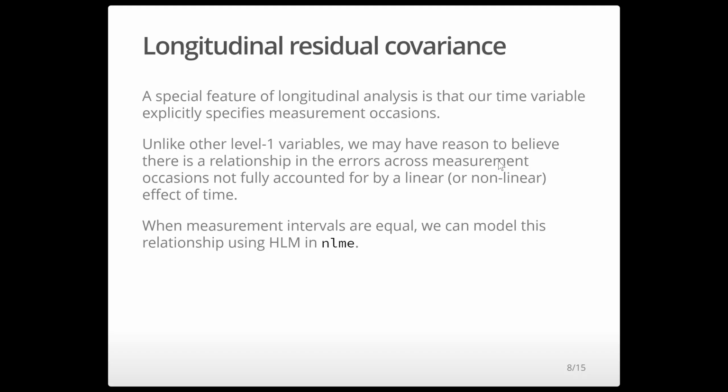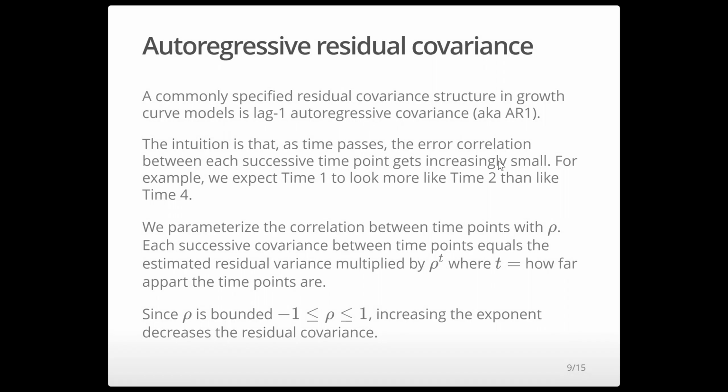So unlike other level 1 variables, when we have a time variable, we may have reason to believe that there's a relationship in the errors across measurement occasions, and this may not be fully accounted for by the linear or nonlinear effect of time in our model. When the measurement intervals are equal, we can actually model this relationship using HLM, and we can use nlme to do this. There are a few different options for this, and we're going to look at one example, which is autoregressive residual covariance with lag 1.